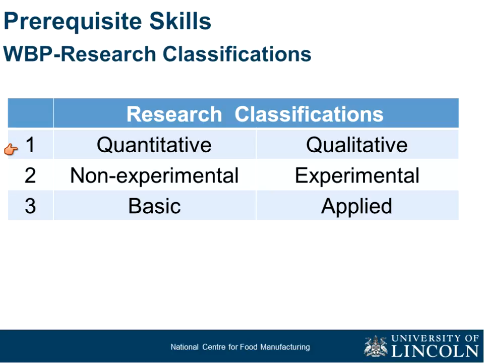You can also have, based on whether you are conducting an experiment or not, non-experimental research and experimental research. And finally, you can have basic research or applied research. I'm going to talk more on each of them.